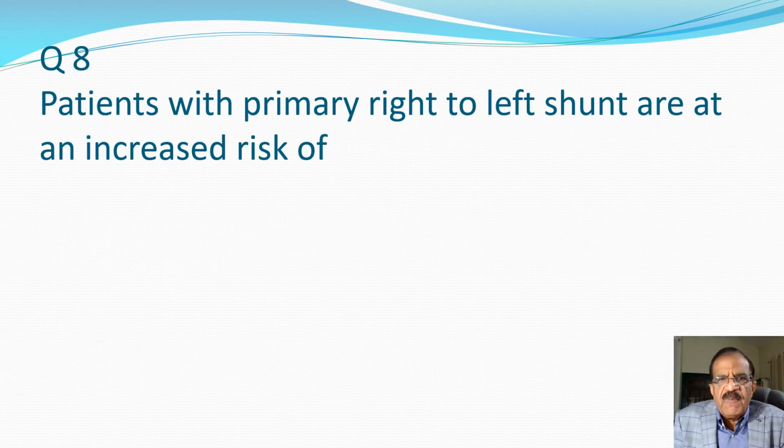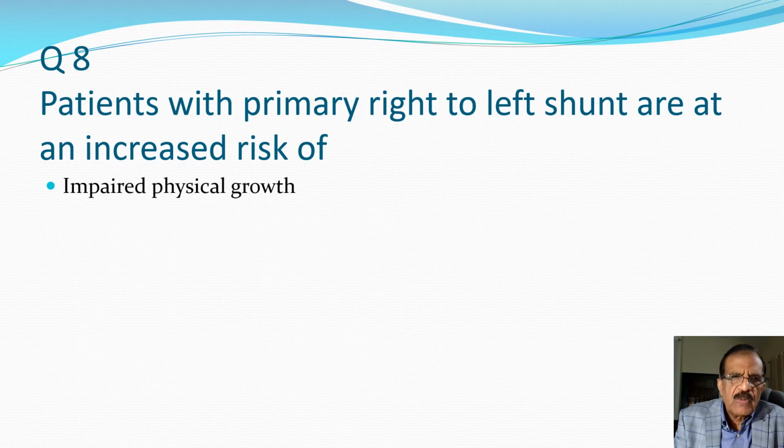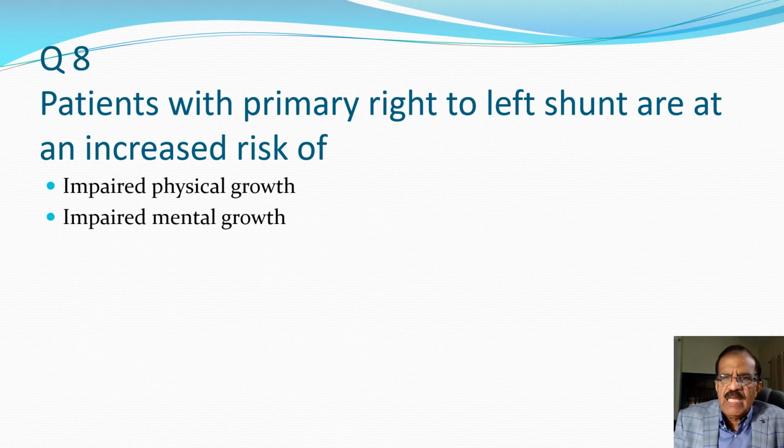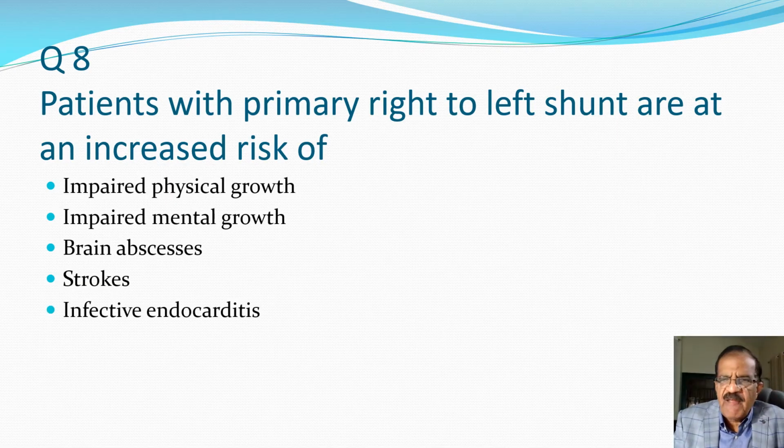Patients with primary right to left shunt are at an increased risk of impaired physical growth, impaired mental growth, brain abscesses, strokes, infective endocarditis, or all of the above.